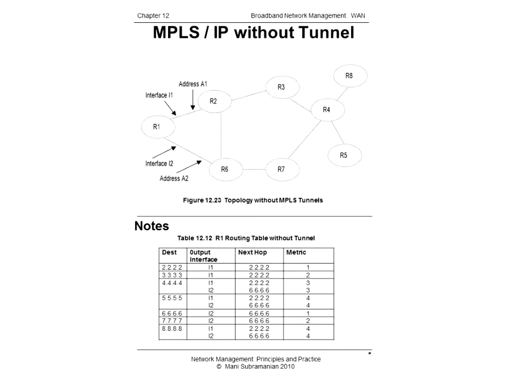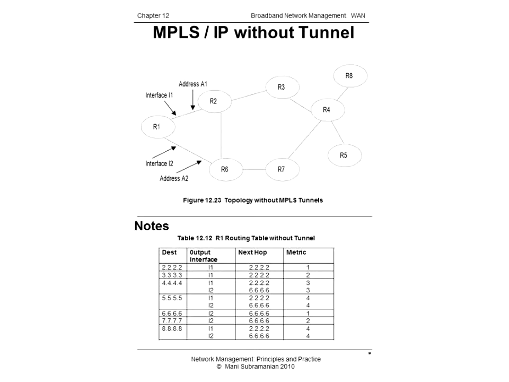Now in this figure, we have MPLS IP without tunnel. It illustrates the IP routing with interior gateway protocol, that we call IGP, without traffic engineering and tunnels.